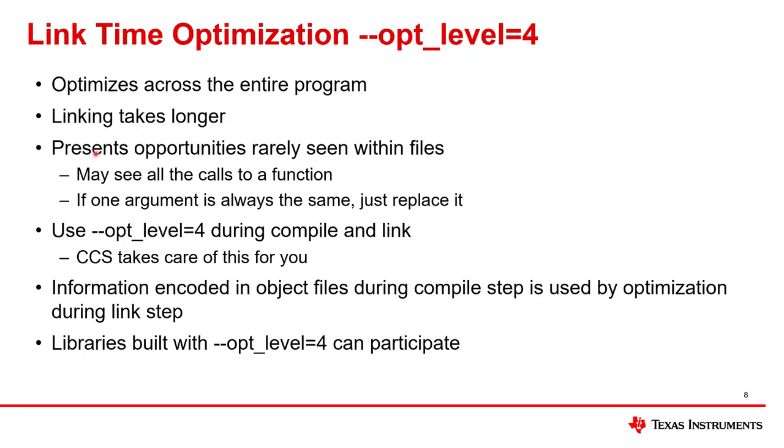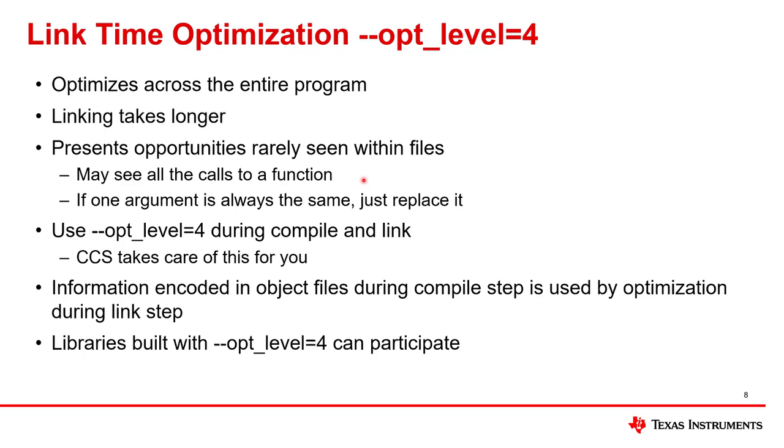But the upside is it presents opportunities rarely seen just within a single file. For example, you might see all the calls to a function, and you might notice that the second argument to the function is always the same. Say there's some function where the second argument is some length, and every time it's called, it's always passed the same number.